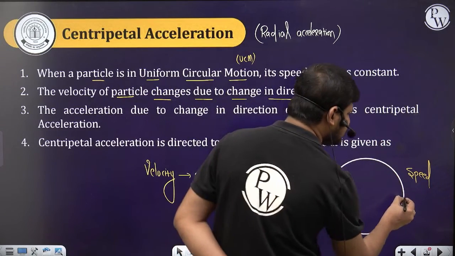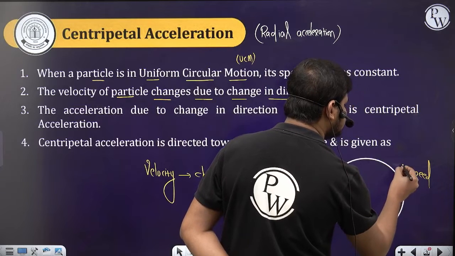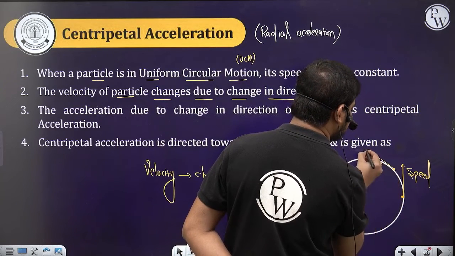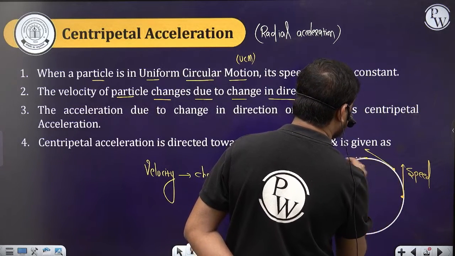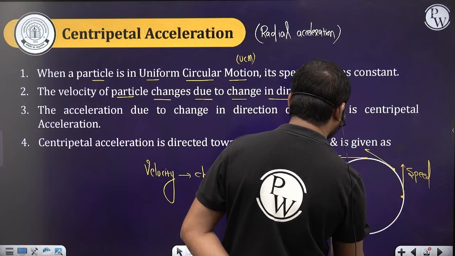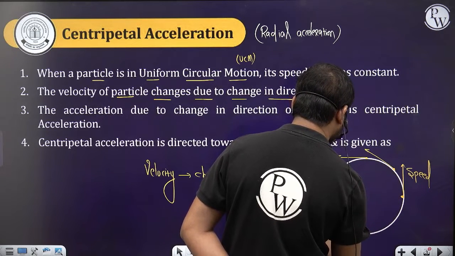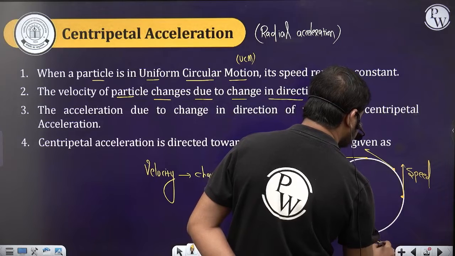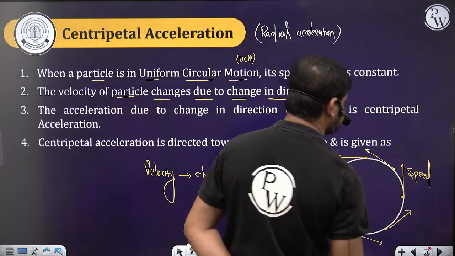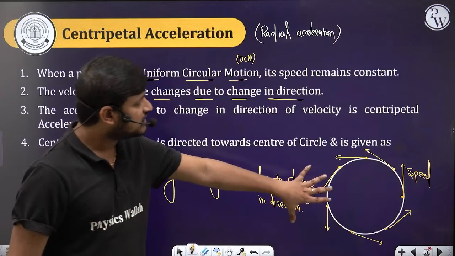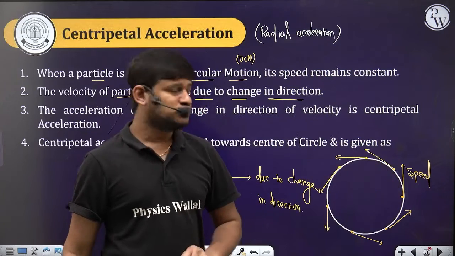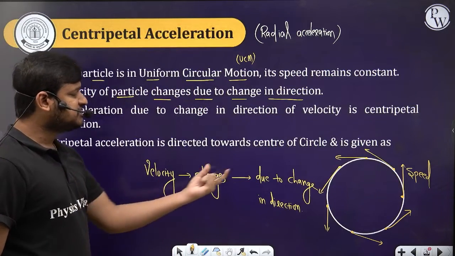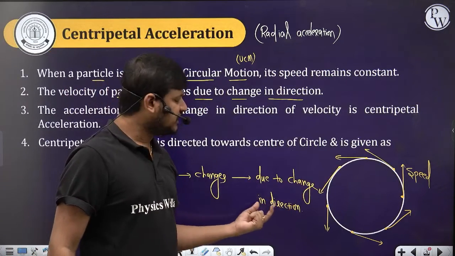The particle's direction at this point is this side, at this point this side, and at this point this side. So the particle is maintaining different directions at different points. That means its velocity is changing due to the change in direction.